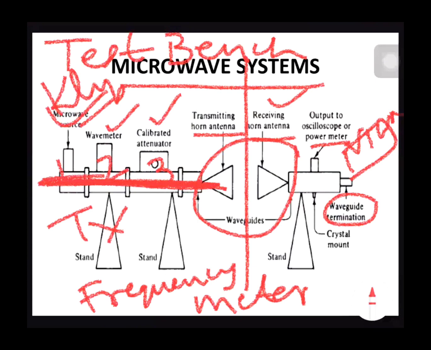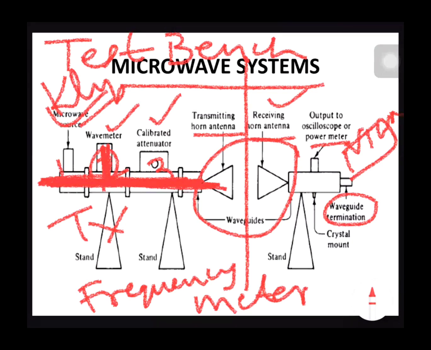Inside this waveguide structure the electromagnetic signals, or the microwave signal, will get transmitted. So when the signal flows through the wave meter, it displays the frequency of the signal. At this point, we can measure the frequency of the signal.